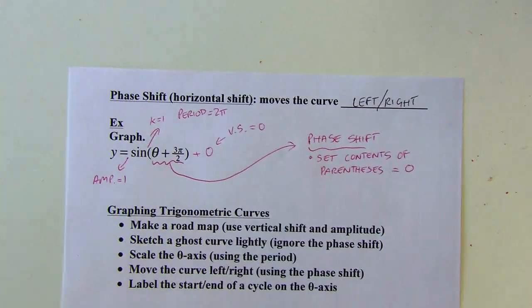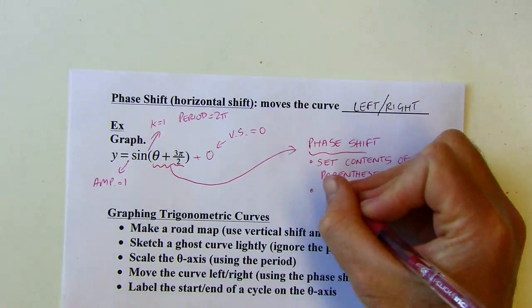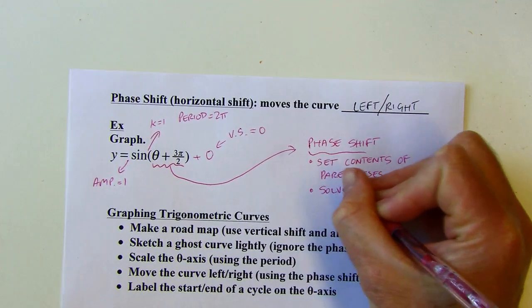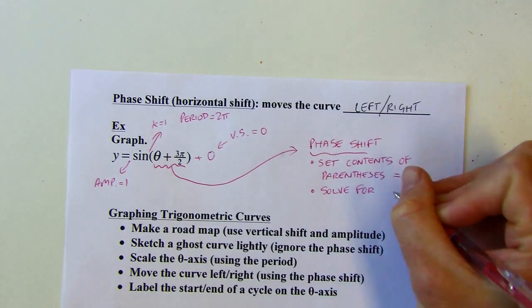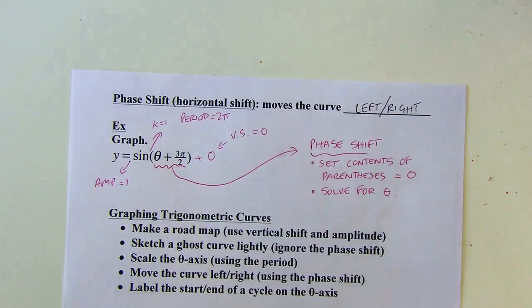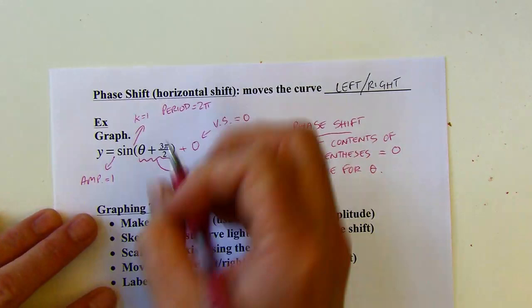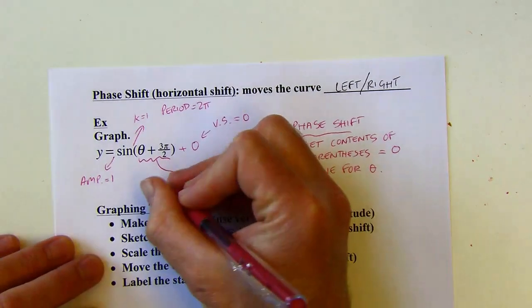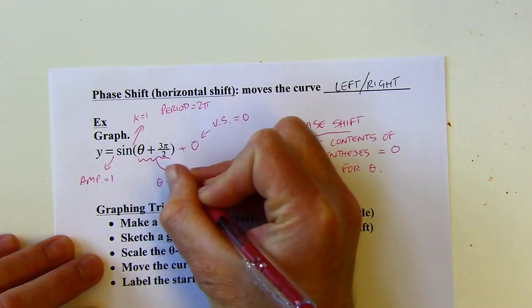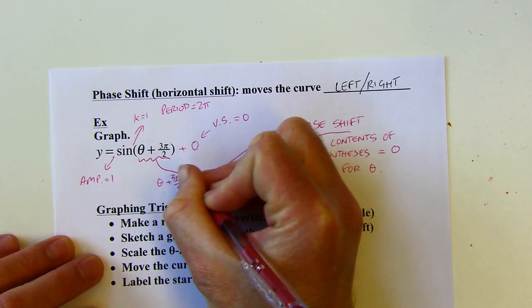Okay, and then we'll solve for theta, in the same kind of way we've been doing with many different equations over the course of the year. Okay, so theta plus 3 pi over 2 is going to equal 0.